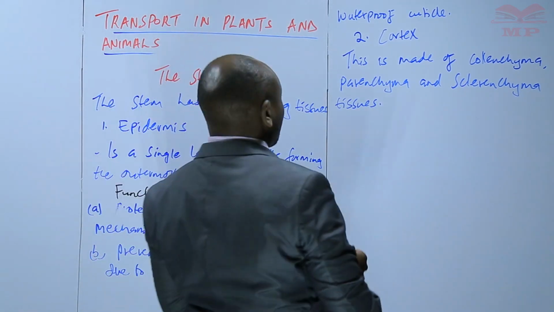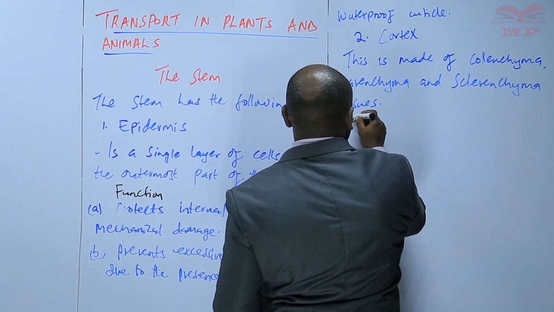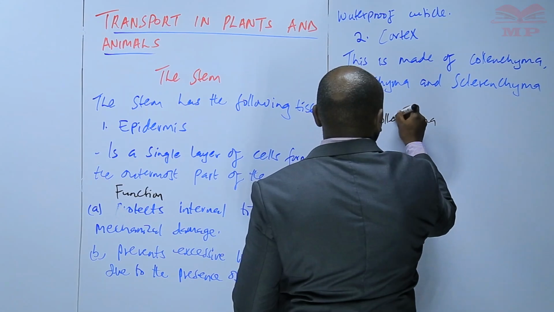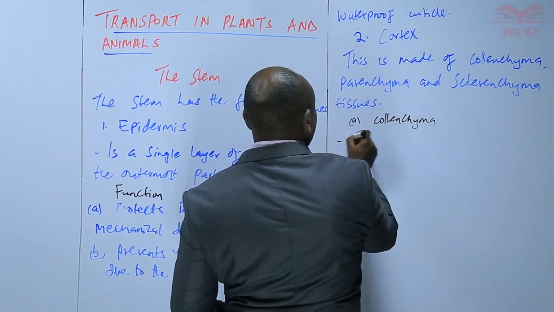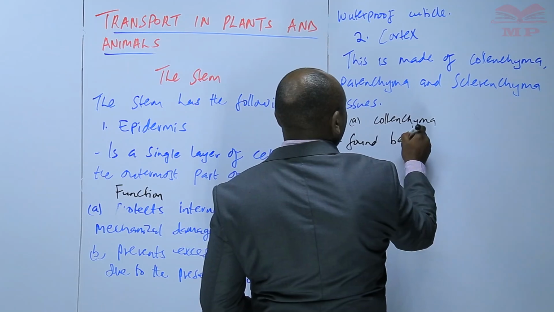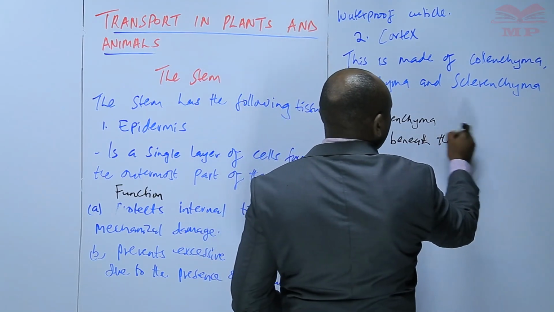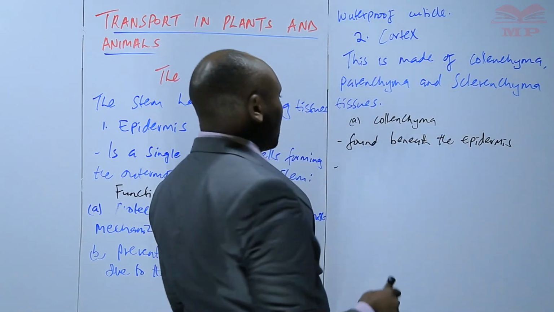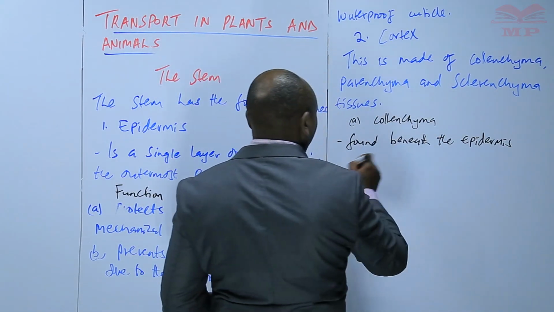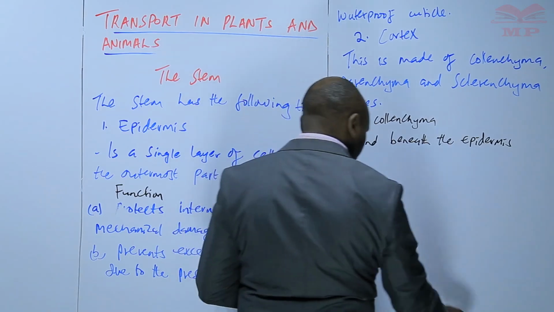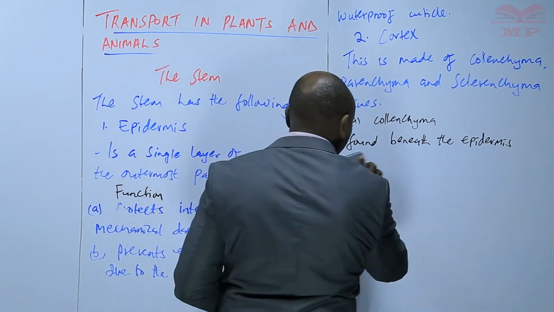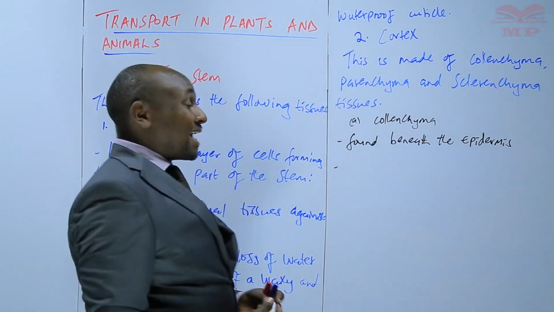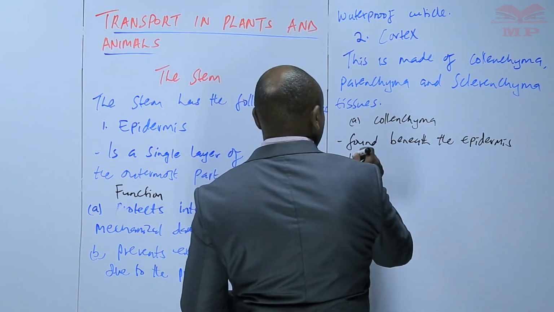So we'll start with the first one, which is collenchyma. And this is found beneath the epidermis, and the collenchyma is thickened with cellulose and pectin.